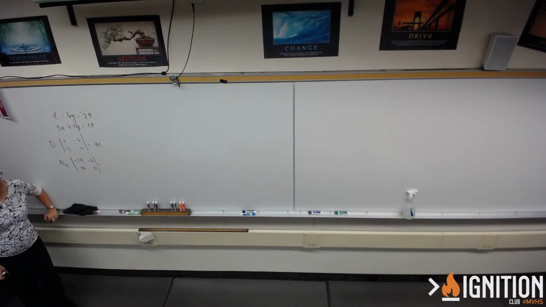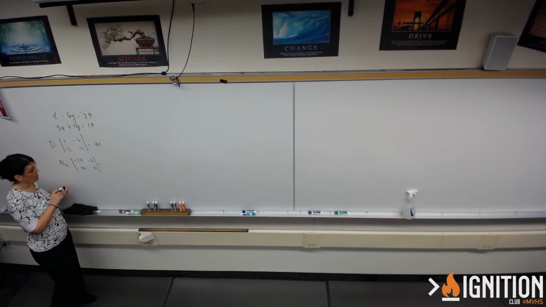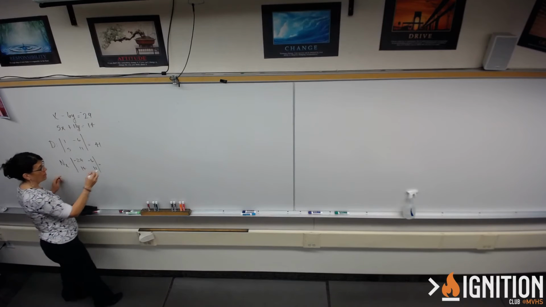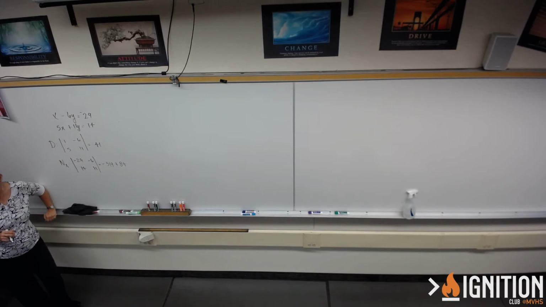What is it? Negative 319 plus 84. Oh shoot, I realized it was negative 6. Okay, thank you. Negative 235.